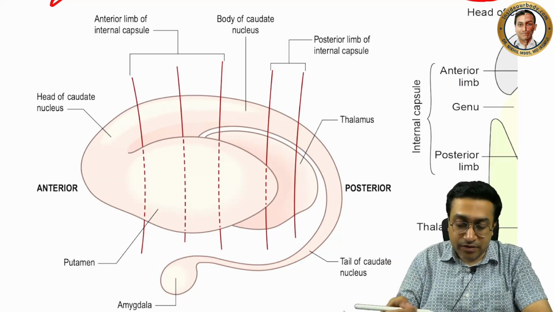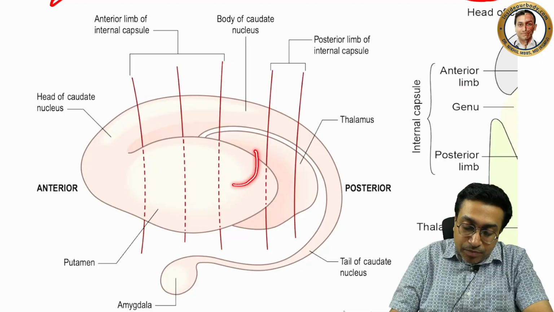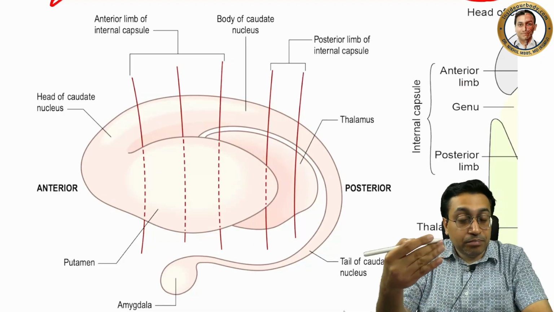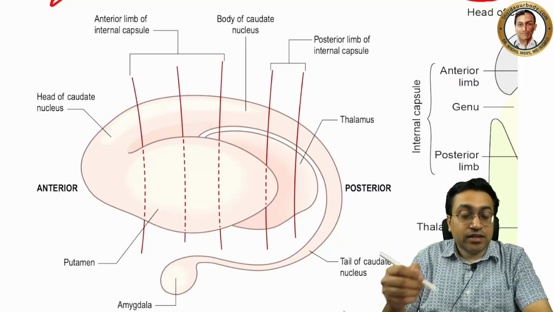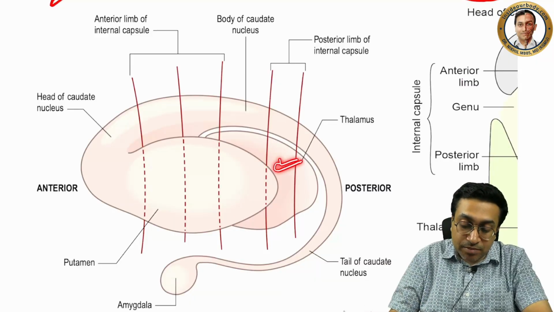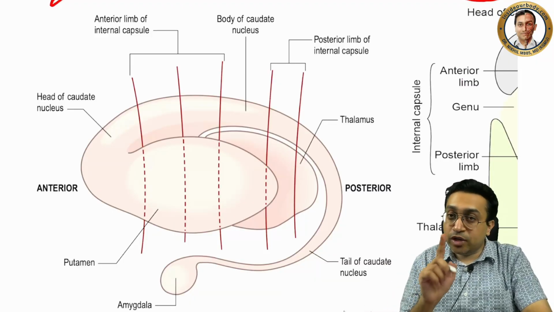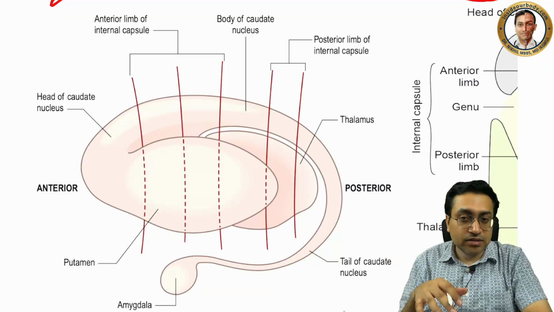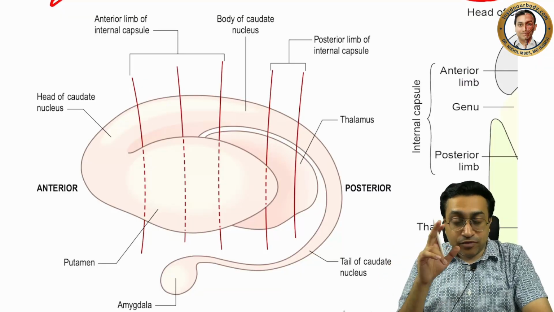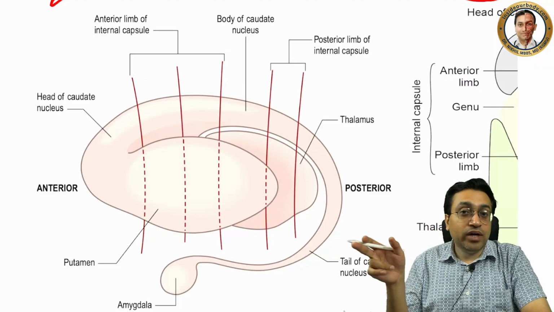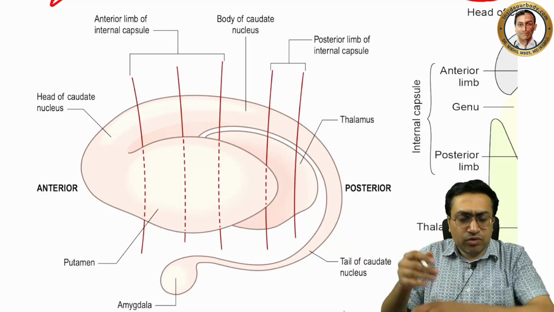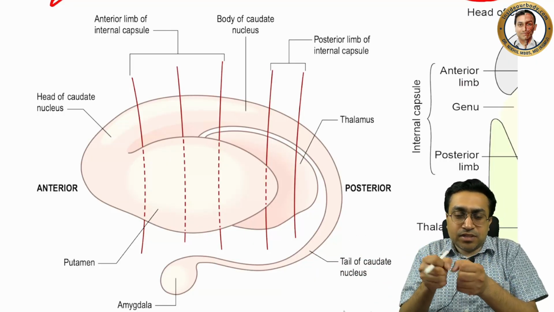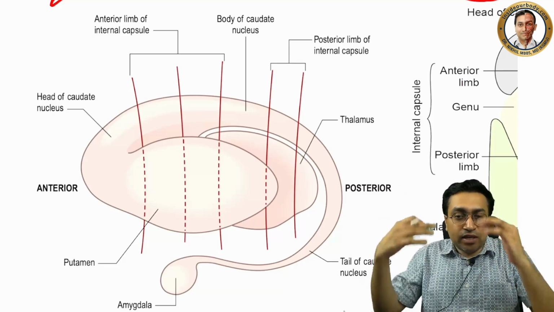Immediately behind, or I can say medial to this putamen, there is a structure that is the thalamus. If you remember the first statement when we began this class, the first line was basal nuclei are located lateral to the thalamus, right? So you can see the thalamus is placed medially, and lateral to it are the basal ganglia, all these structures.